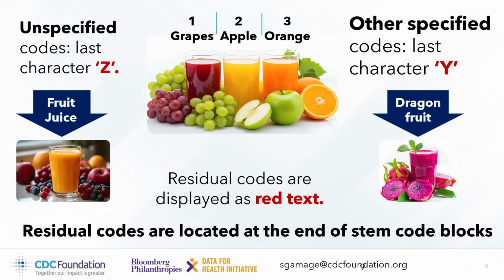Therefore, we name this as other specified, and the code has the last character Y. If you say just fruit juice, it is unspecified. And then you have specified varieties of juice: grape juice, apple juice, and orange juice. And dragon fruit is an other specified because it is not in the list of codes. So residual codes are displayed as red text, and residual codes are located at the end of stem code blocks.